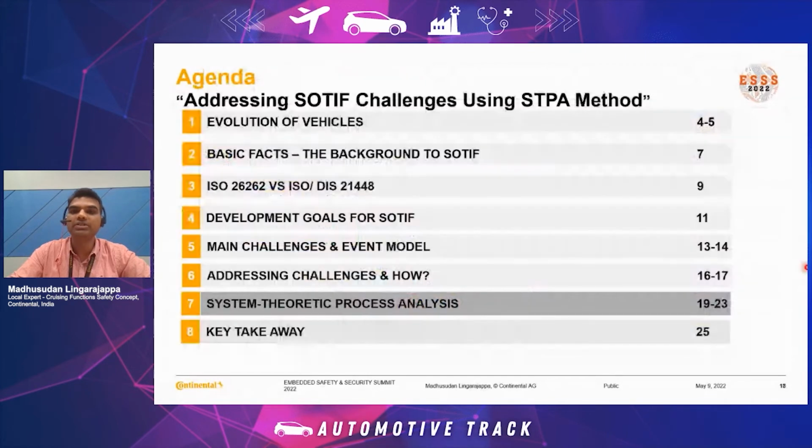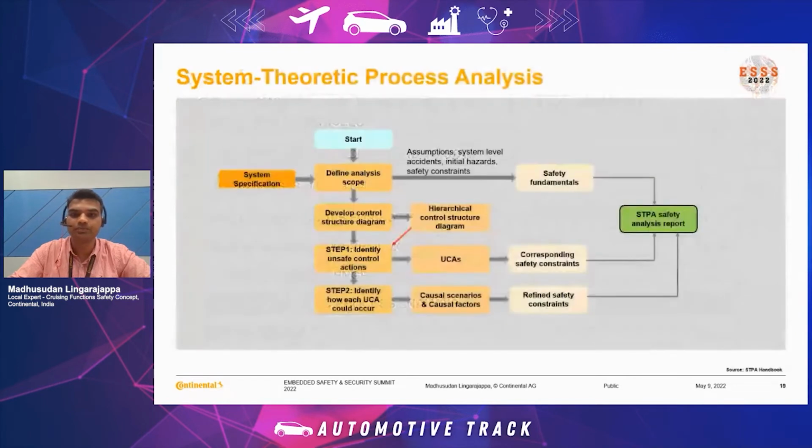Next, we will see how this SOTIF analysis is performed using the STPA method. STPA stands for System Theoretic Process Analysis. The STPA method has two main steps, step 1 and step 2, with a preparation step 0.